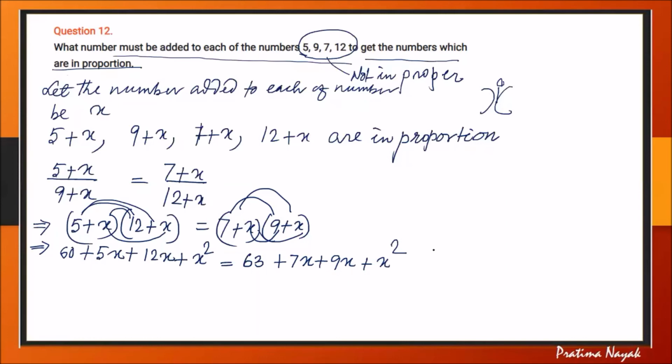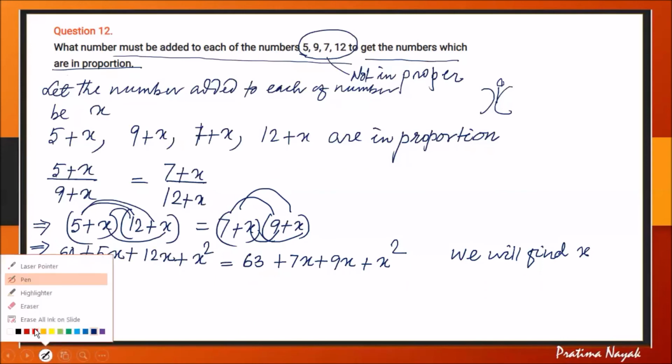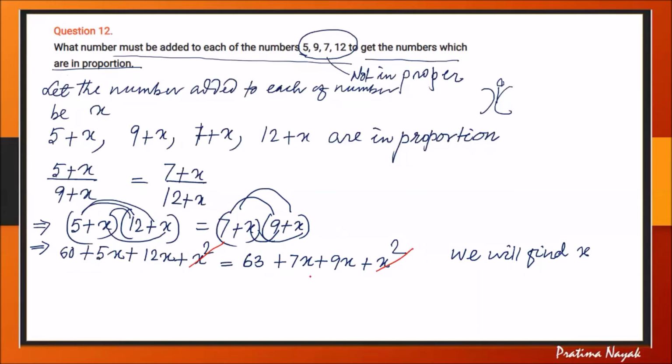So what next? Next we will solve for x, by applying the solution of linear equations. Here I'll cancel x square first. Why? Both sides have x square, I can shift it and it will become 0. Next I'll take all x to the left side.